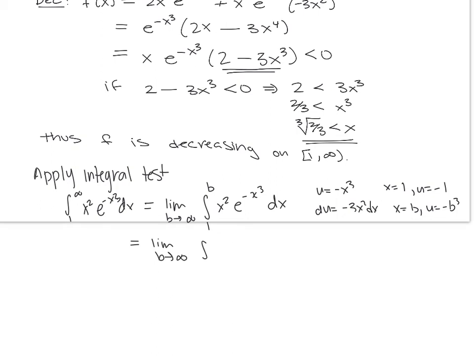All right, so you have the integral from negative 1 to negative b cubed, negative 1/3 e to the u du. So that will be negative 1/3 e to the negative b cubed minus negative 1/3 e to the negative first.